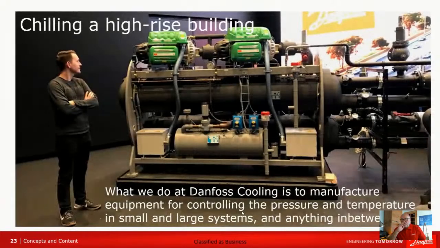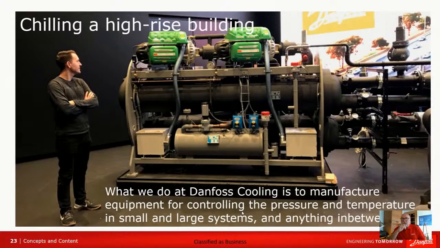And that's basically what we do at Danfoss, or at least the Danfoss Cooling department. We are making all kinds of different controlling parts of big or small cooling systems, refrigerations, HVAC systems, whatever else.